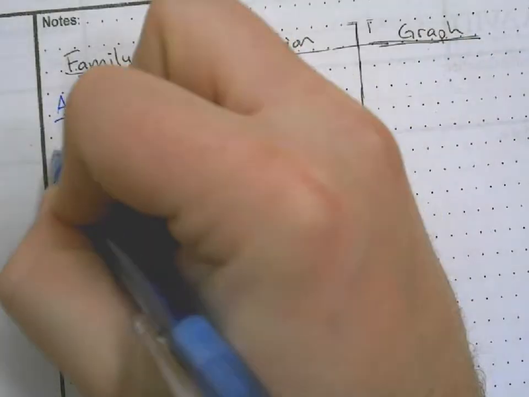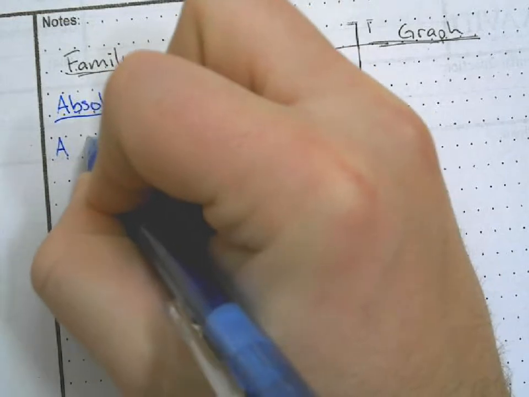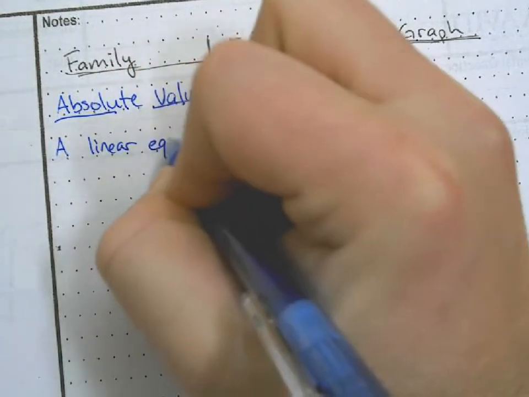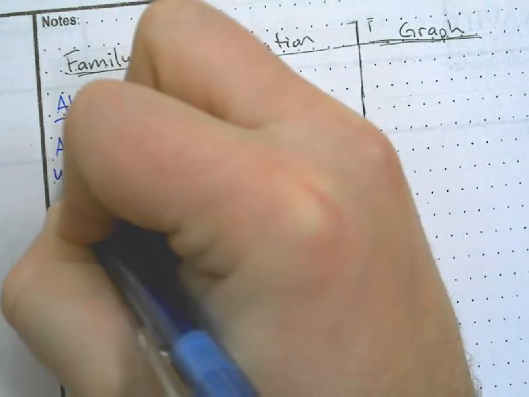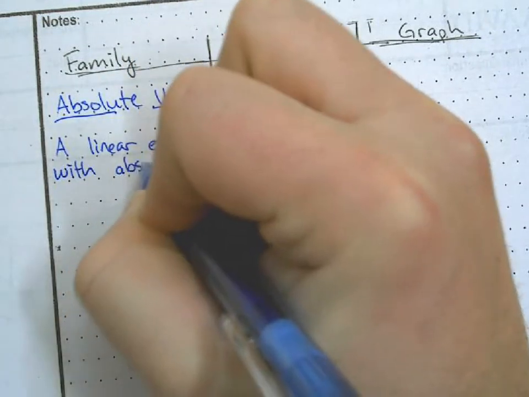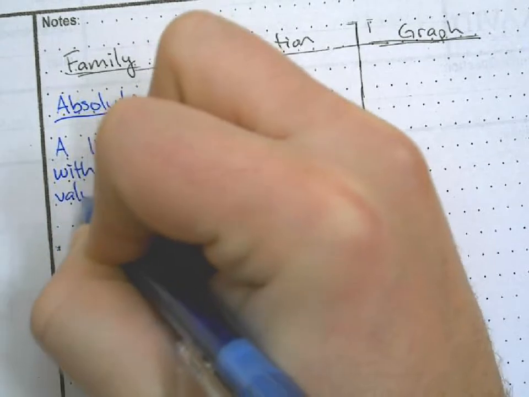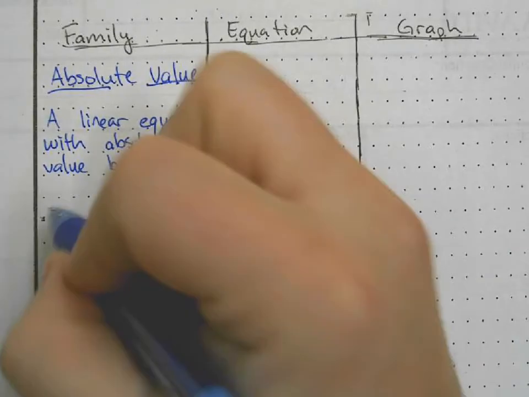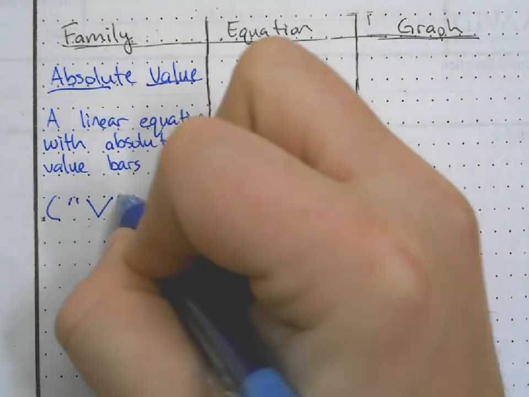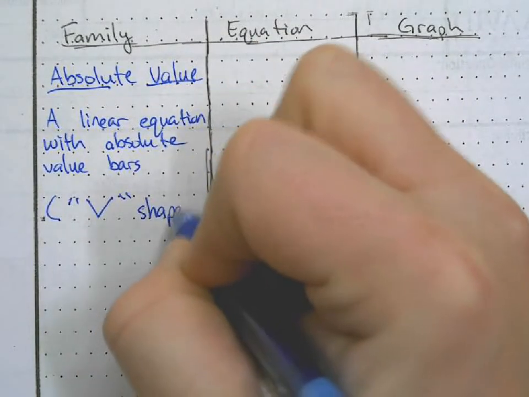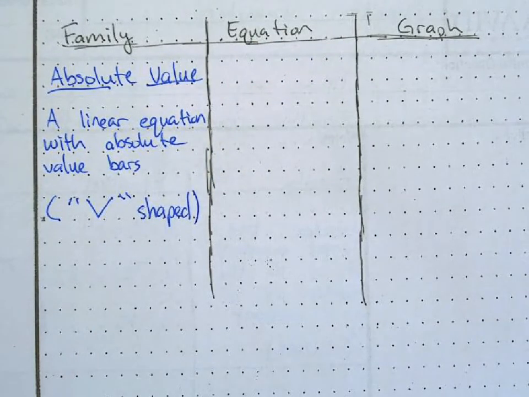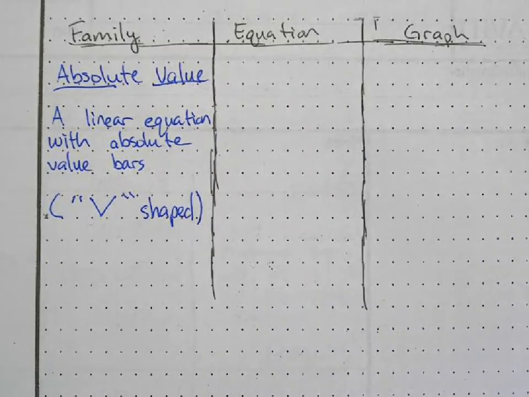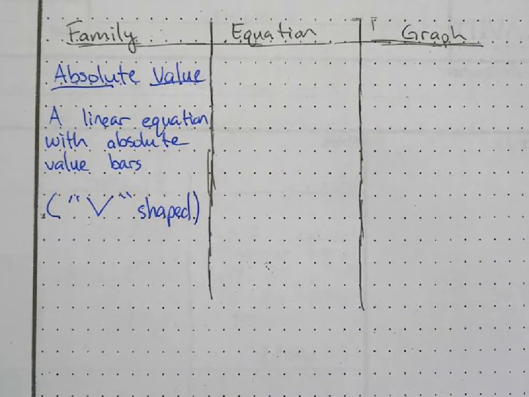The absolute value is a linear equation with absolute value bars. And these are V-shaped.